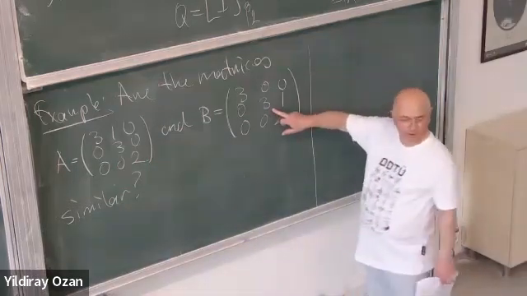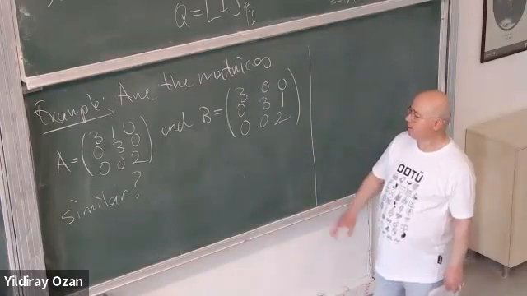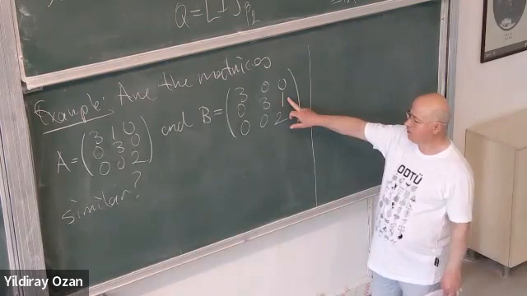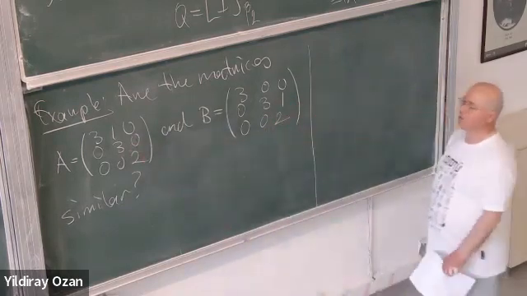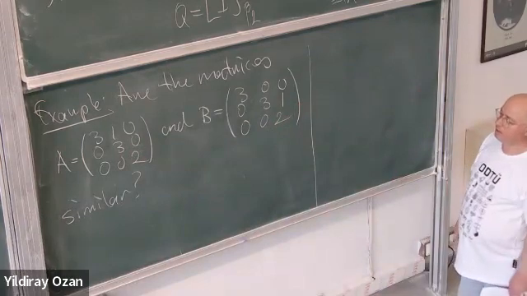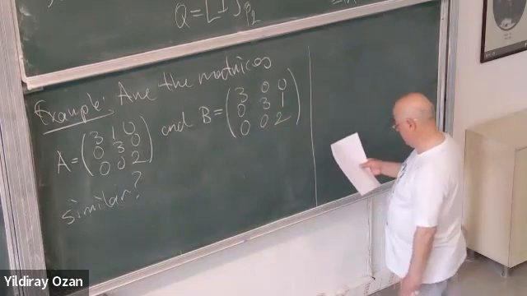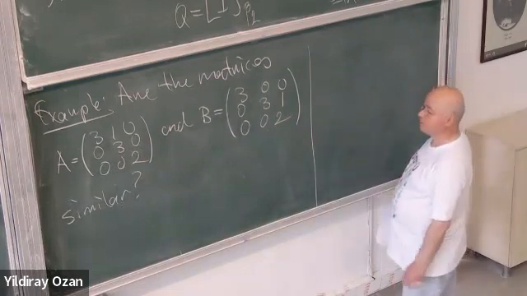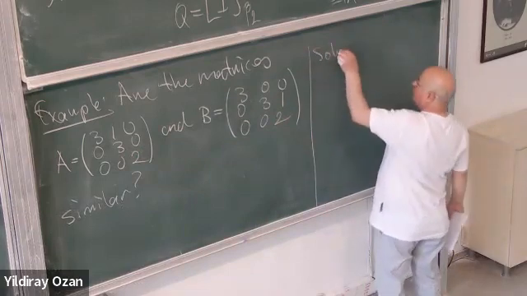And the same for this one. They have the same characteristic polynomial. But you know, this one and this one, their positions change everything. And they are not actually similar, but let's see the solution.